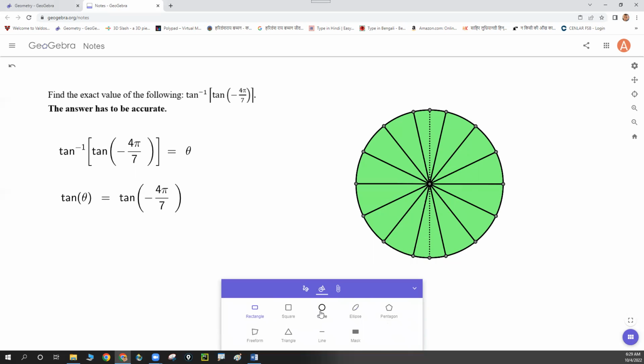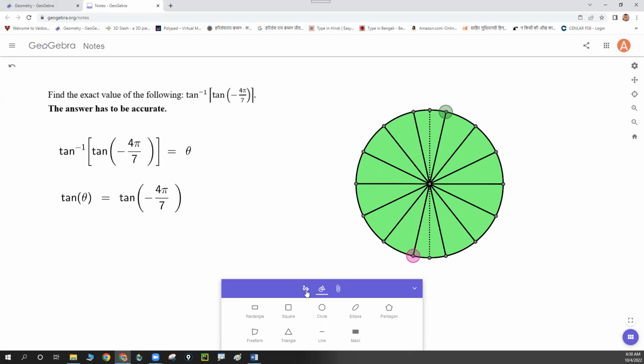Let's put this guy here. Now the answer cannot be negative 4 pi over 7 because that would put theta in the wrong quadrant. It has to be here. Okay, nowhere else but here.